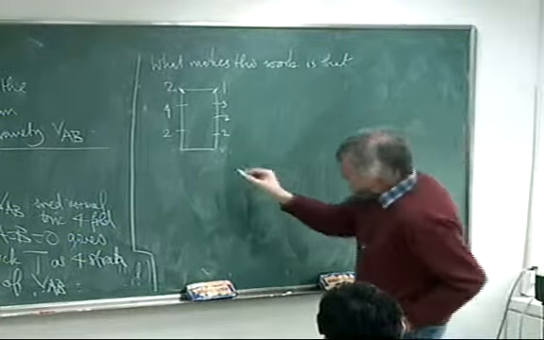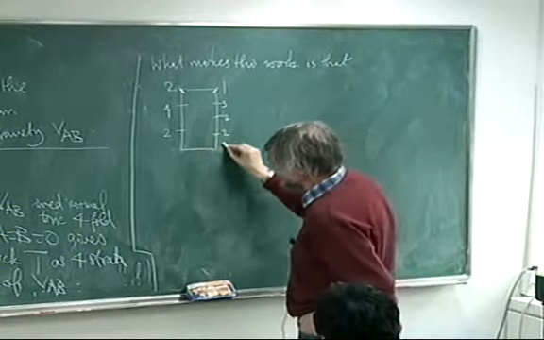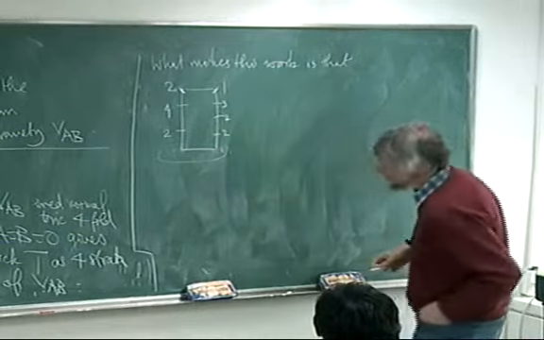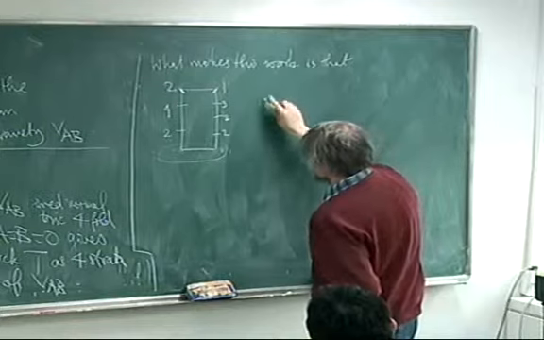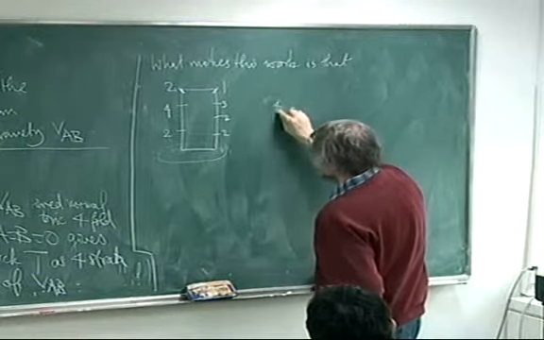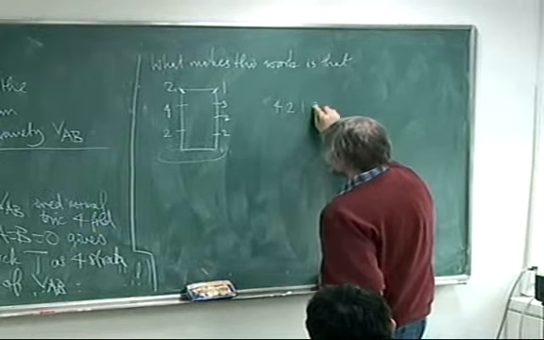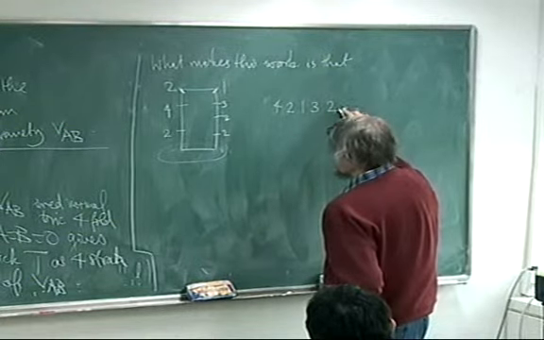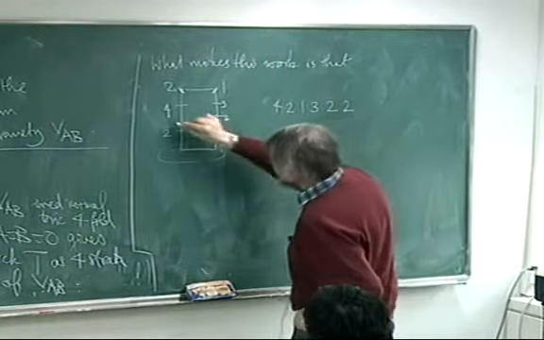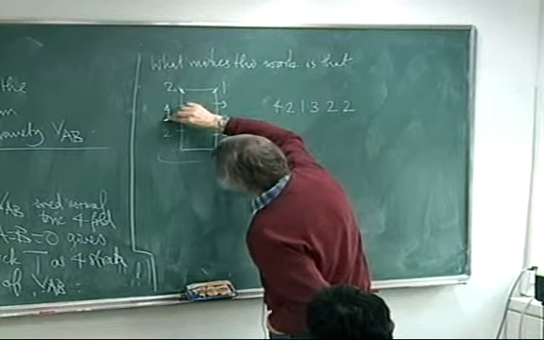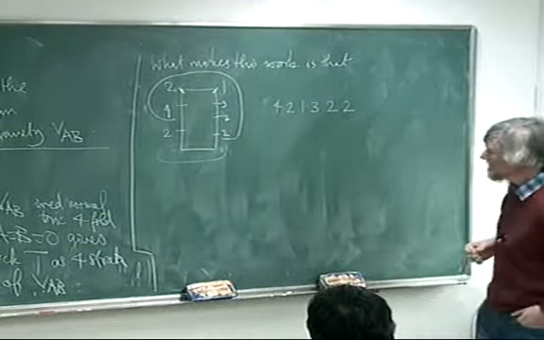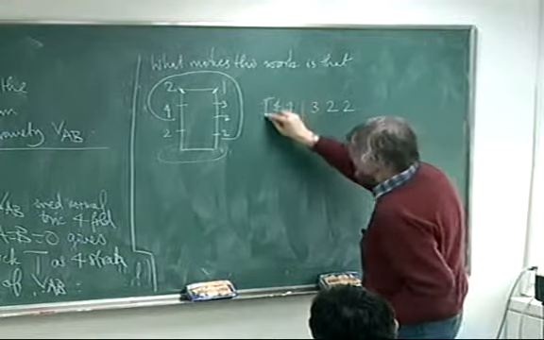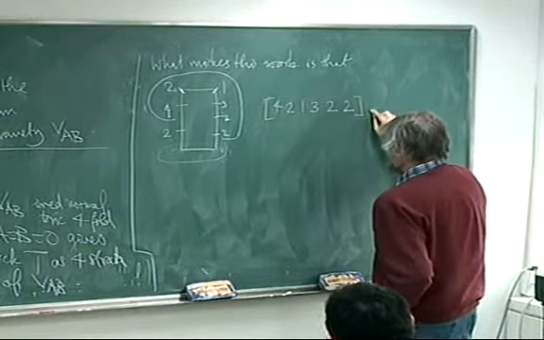The thing that makes it possible to put in these equations to make an irreducible variety is the fact that if I do 4, 2, 1, 3, 2, 2, in other words, I take these numbers and I read them around there, this guy here is a continued fraction expansion of 0.